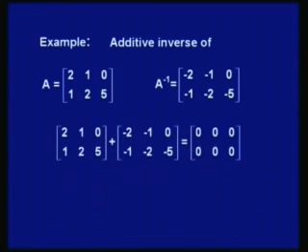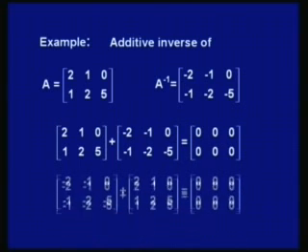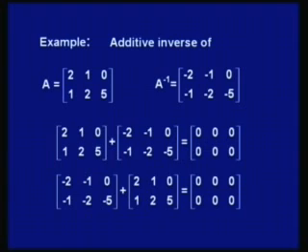You can add 2, 1, 0, 1, 2, 5 and -2, -1, 0, -1, -2, -5 to give rise to the null matrix, which is of order 2 by 3. And this can be done in any order. You first take A and then its inverse and you get the identity, or you first take its inverse and then the matrix A and again get the identity matrix.